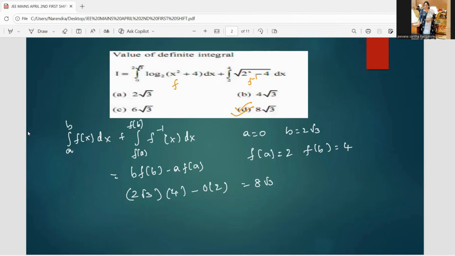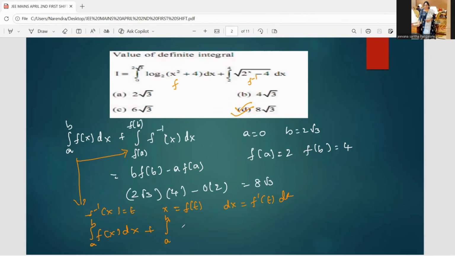If you want to know that substitution, in this second integral, we take f inverse of x as t. Then x will be f of t, dx will be f dash of t dt. So overall, that left-hand expression would be the integral a to b f(x) dx. When we choose the substitution, even the limits are going to change.